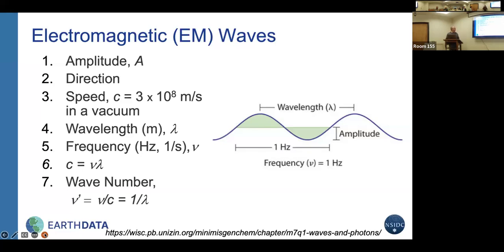That's what the speed of light is, and then there's a wave number that I won't talk about, but that's just for reference. That's another way of describing it. So you can describe either wavelength or frequency, and depending on the type of remote sensing and what channels or part of the spectrum you're looking at, sometimes it's wavelength, sometimes it's frequency. Technically, they're interchangeable.